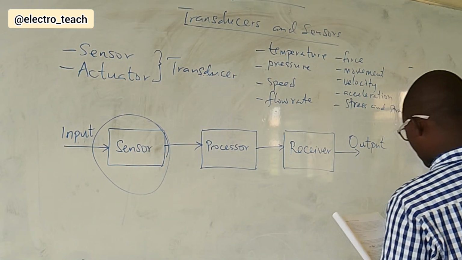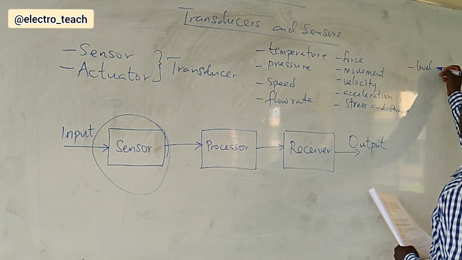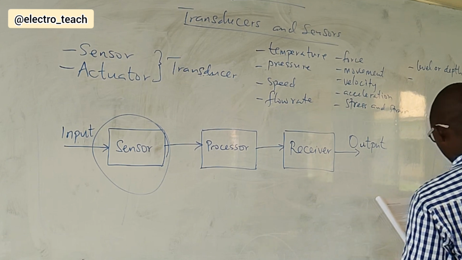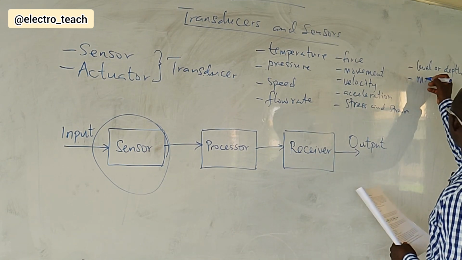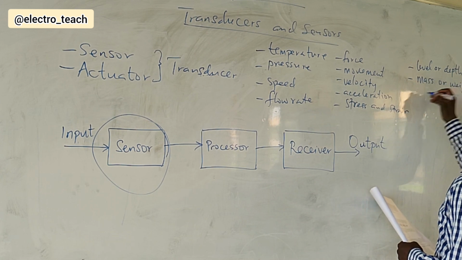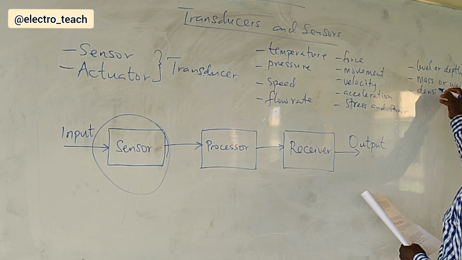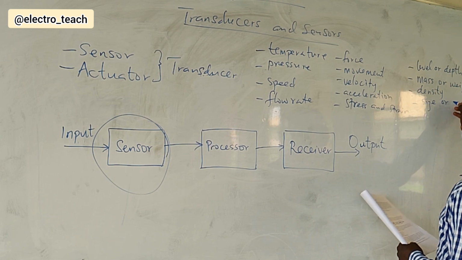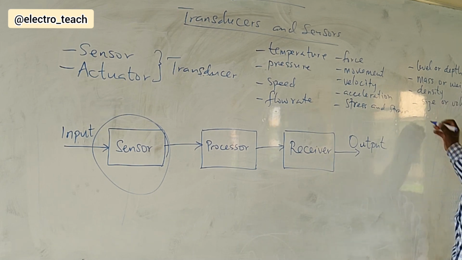We are talking about level or depth. Remember level measurements? We are talking about mass or weight, density, size or volume, acidity or alkalinity.